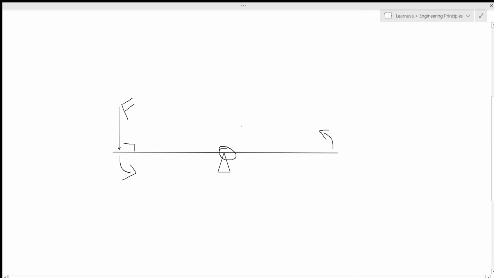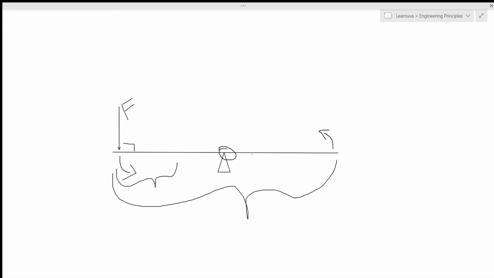Some of you may or may not know this, but what is a fulcrum? When we're measuring our distance here, how do we know how long it is? Do we measure from one end of the seesaw all the way to the other? Do we measure halfway down one end? Well, no. What we measure to is what we call the fulcrum, or the center of rotation, the axis of rotation, sorry.